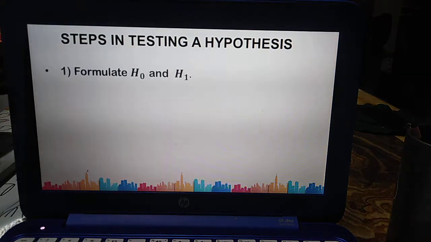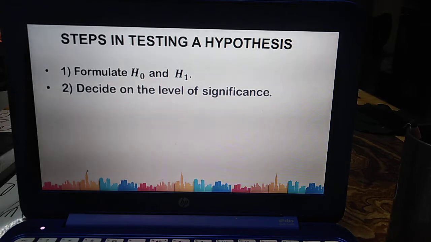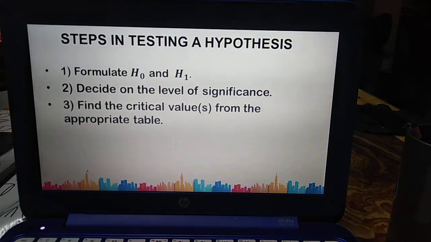So there are several steps in testing a hypothesis. First, we formulate our null and alternative hypotheses. Second, we decide on the level of significance and find the critical values from the table. So we're going to get the critical values, the C-values, from the table.